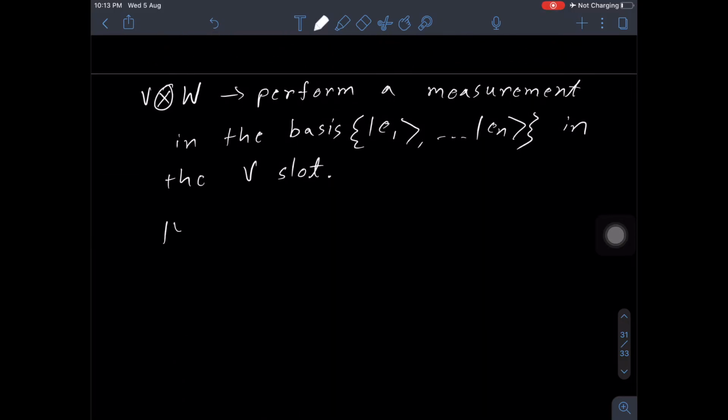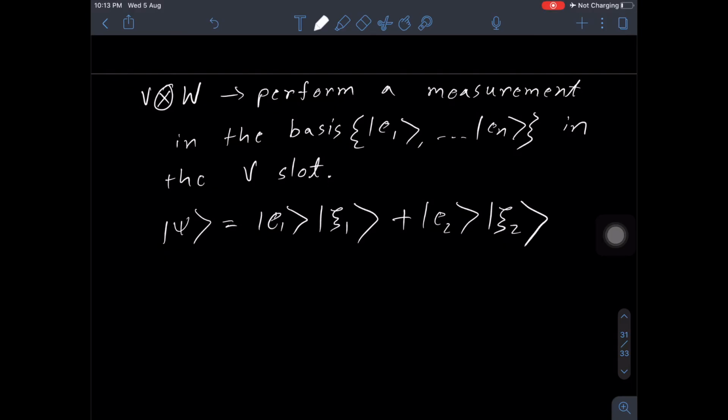Okay, so let's say psi, and I just have two terms. Let's say I have E1 xi1 plus E2 xi2. I'm just working out this example because it will be easier for you to understand, so I don't have to write the sums and everything every time.